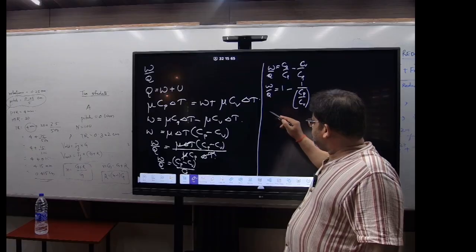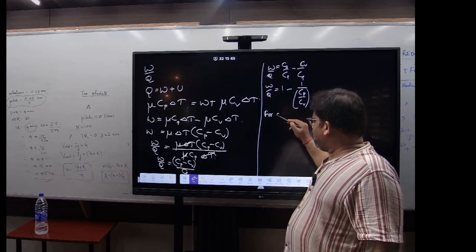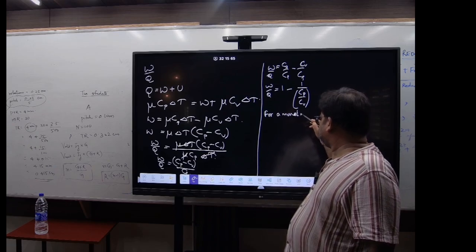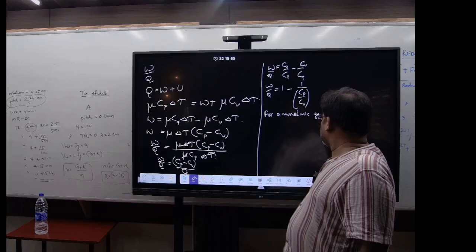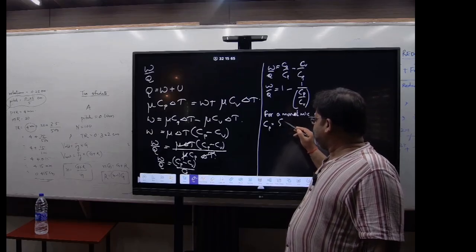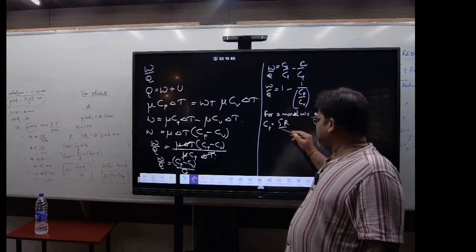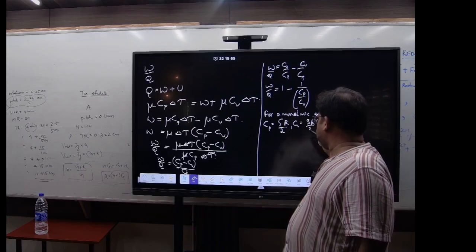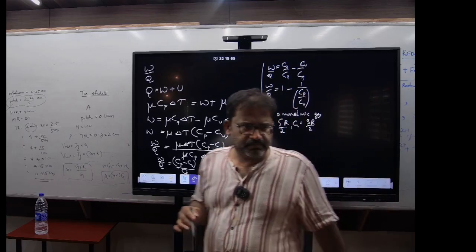So remember, for a monoatomic gas, the gas that has been given there, we have Cp equal to 5R by 2 and Cv is equal to 3R by 2.